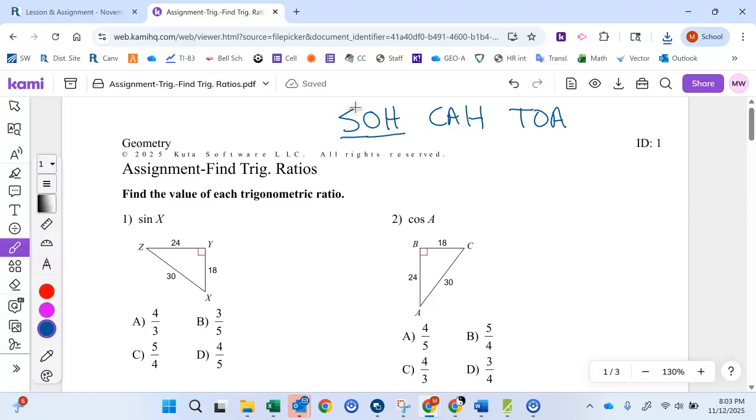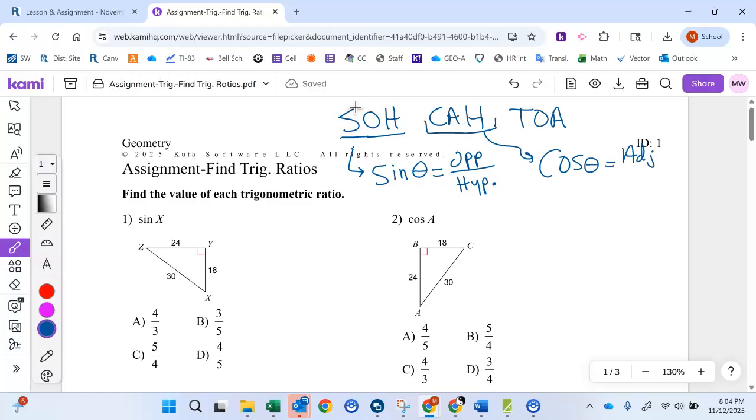So sine of the angle is equal to opposite over hypotenuse. I'm going to abbreviate. Cosine of theta equals adjacent side over hypotenuse.